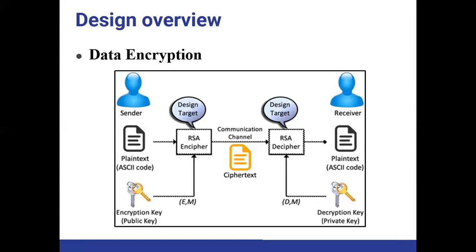Vice versa, whenever the receiver wants to send data to the sender, it has to use the public key of the sender, and the only one who can decrypt the data is the sender, since the sender is the only one who has the private key in order to decrypt the received message.